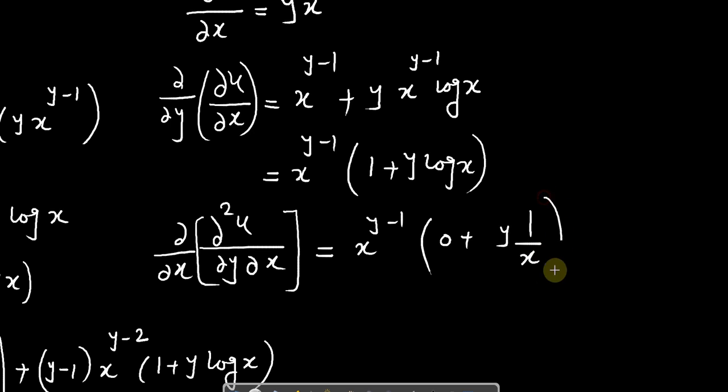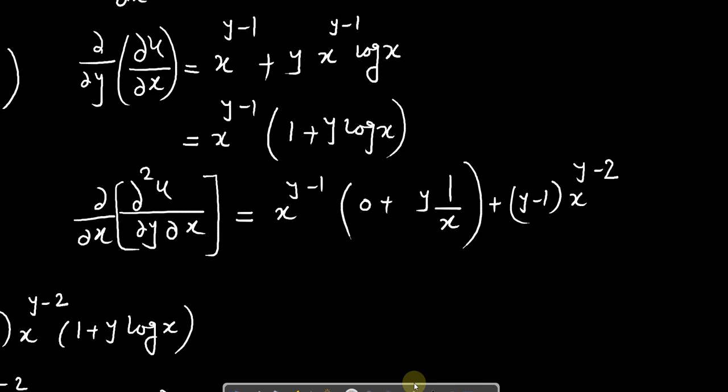So 1 derivative 0, y constant, log x derivative. Now term derivative with respect to x, therefore y constant, x variable, y minus 1, x raised to y minus 2 into bracket as it is, 1 plus y log x.